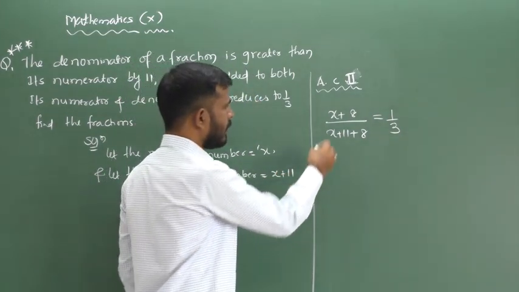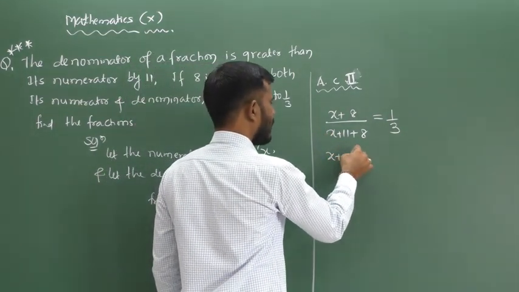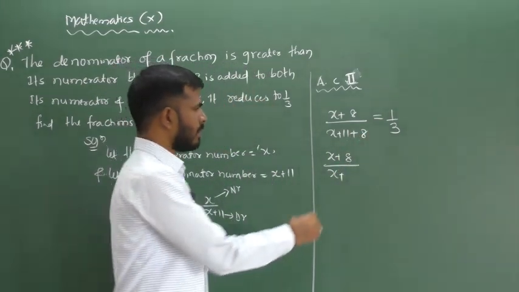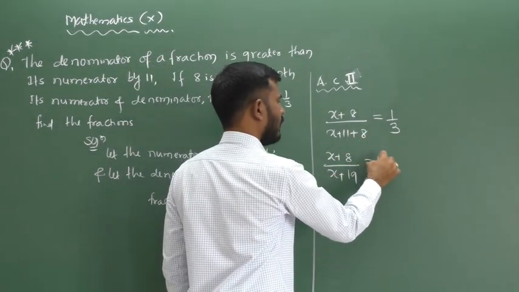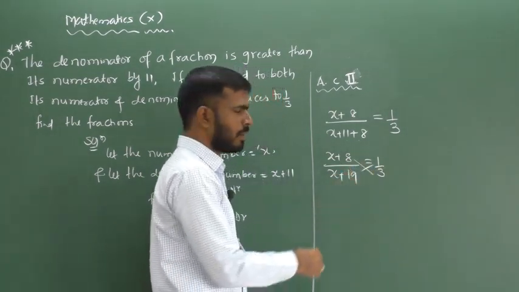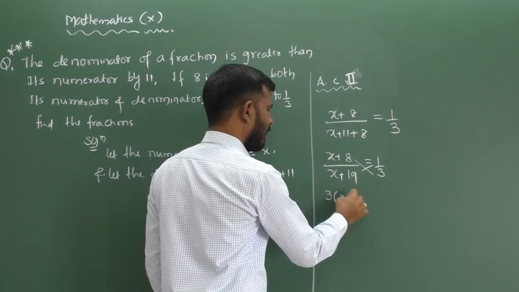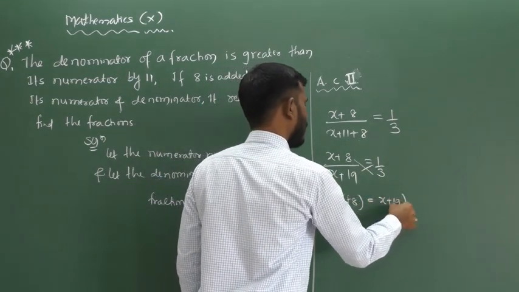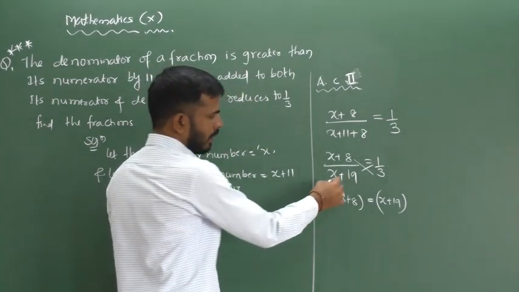Now we simplify: x plus 8 divided by x plus 11 plus 8, which is x plus 19, equals 1 by 3. Cross multiplication gives 3 times bracket x plus 8 equals x plus 19, that is 1 into x plus 19.